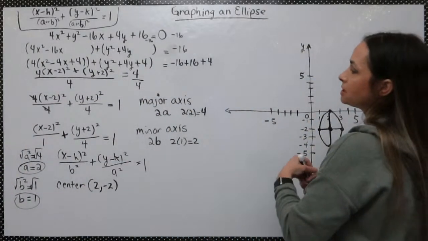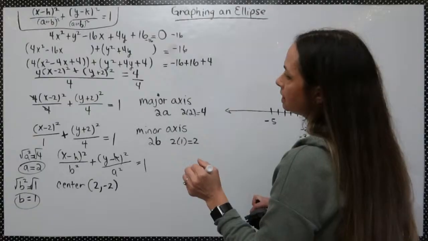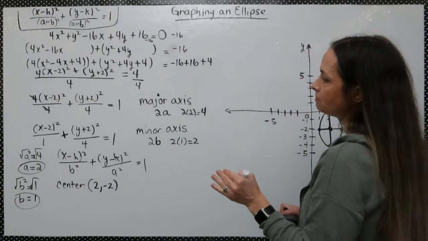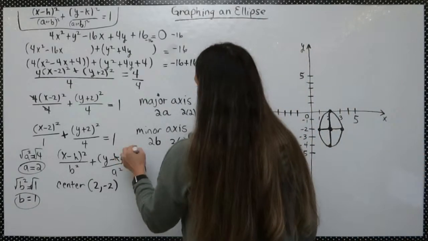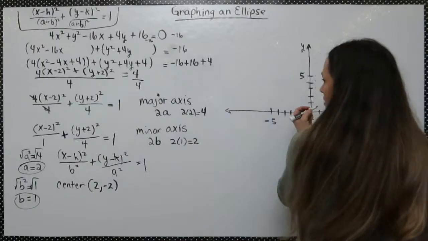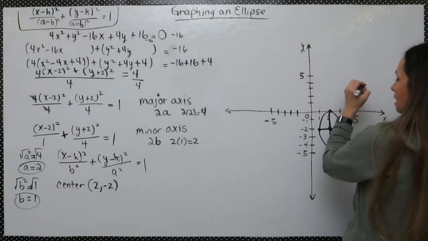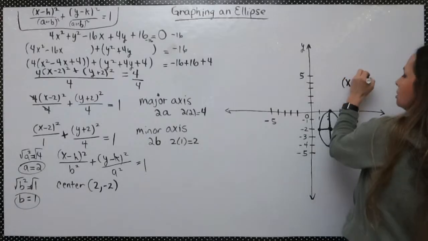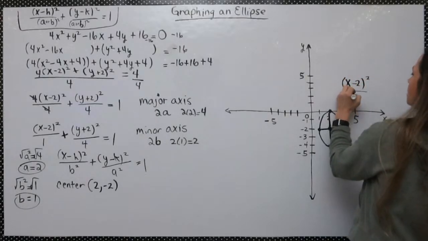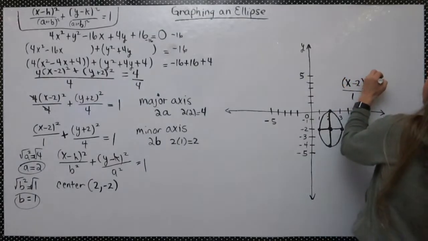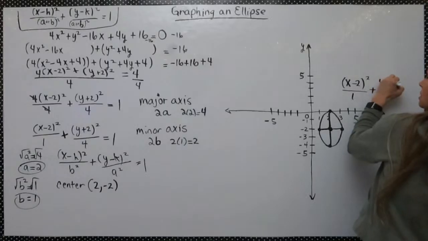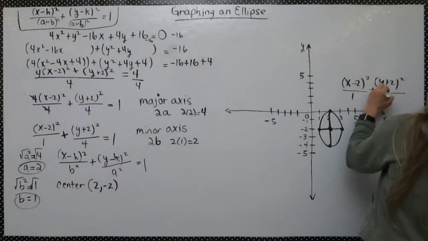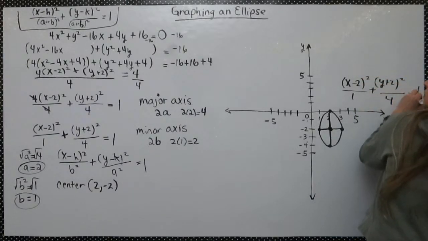So I'm just going to put it in its standard form and write it in here so that I can keep it real quick. (x minus 2) quantity squared over 1 plus (y plus 2) quantity squared over 4 equals 1.